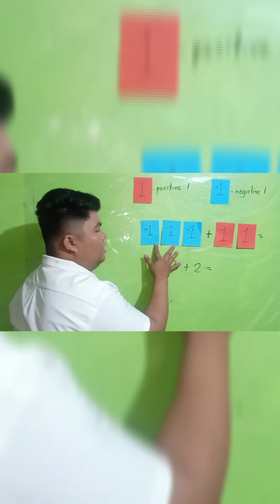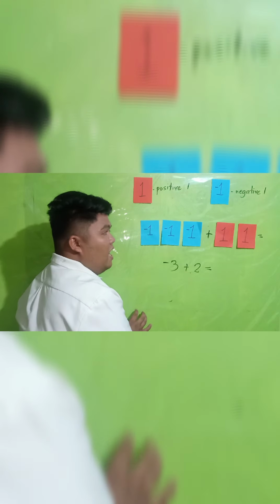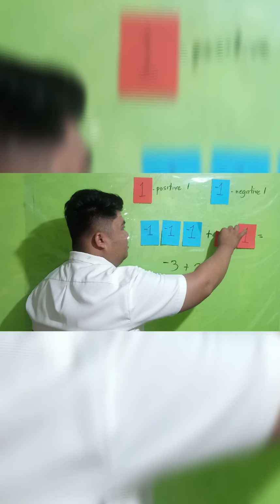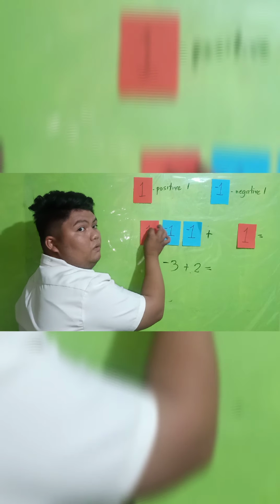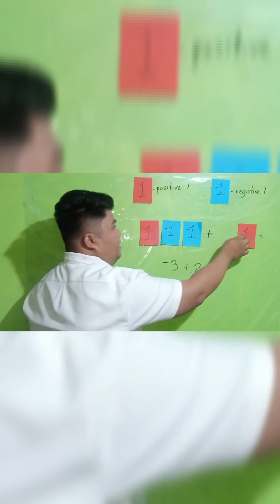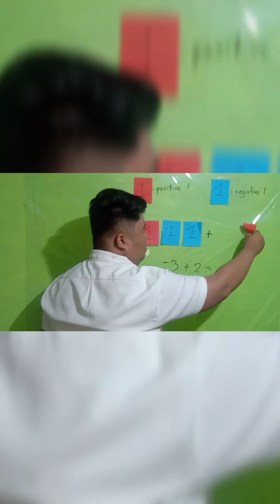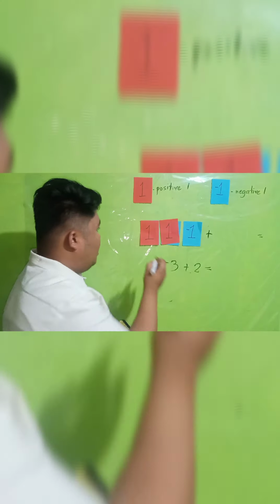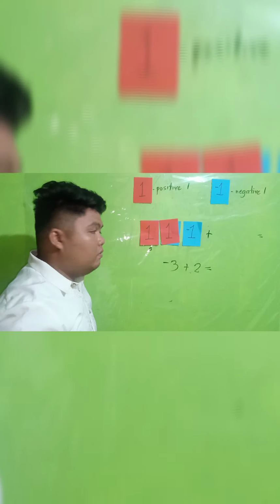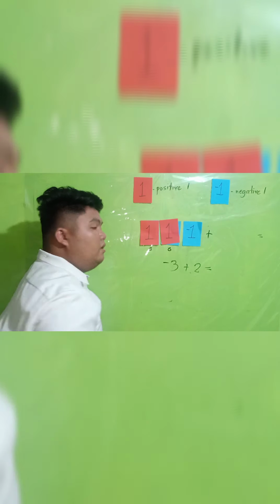So we have here 3 blue and 2 red tiles. This one red can be paired to another blue. Okay, another red can be paired to another blue tile. Therefore, this is equivalent to 0. This is also equivalent to 0.